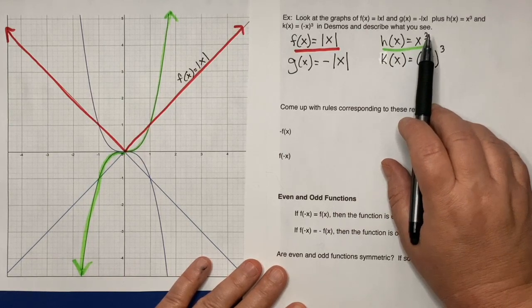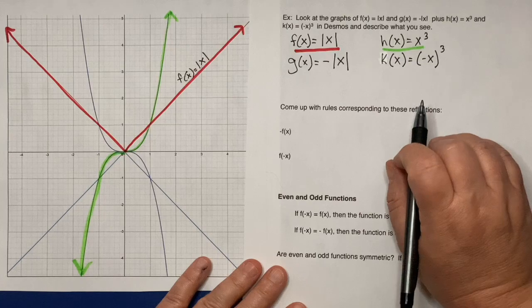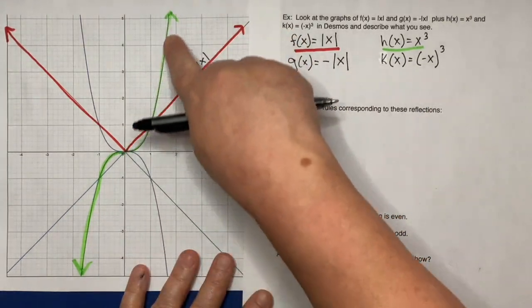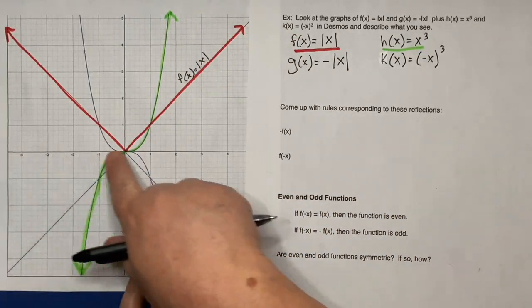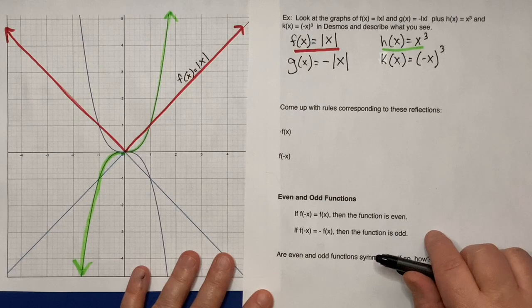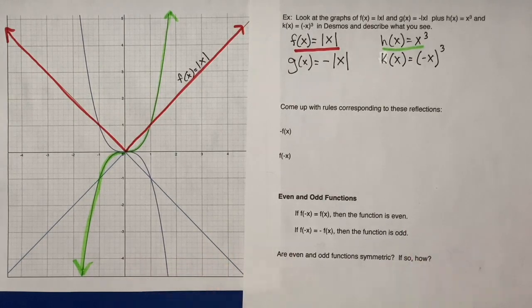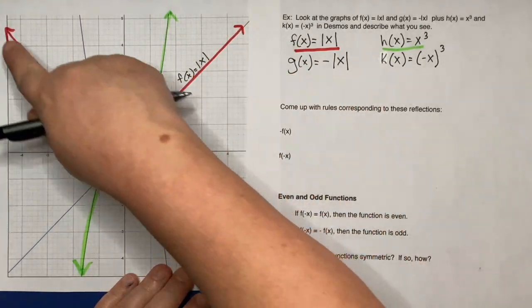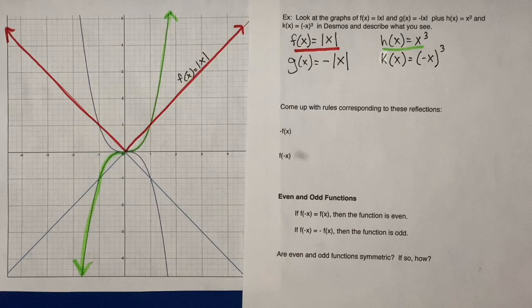So x cubed preserves sign. So when x is positive over here, y is positive. Over here, when x is negative, y is negative. So we've got these two different kind of philosophies. One is that sign matters, and one is that it doesn't care about the sign.